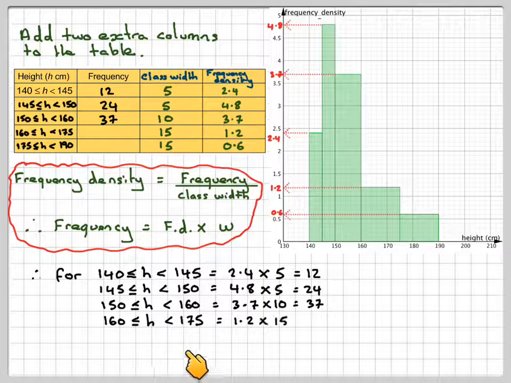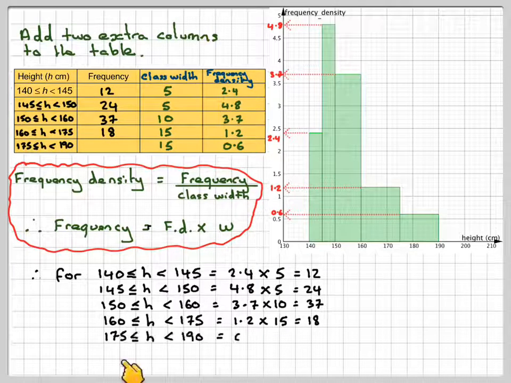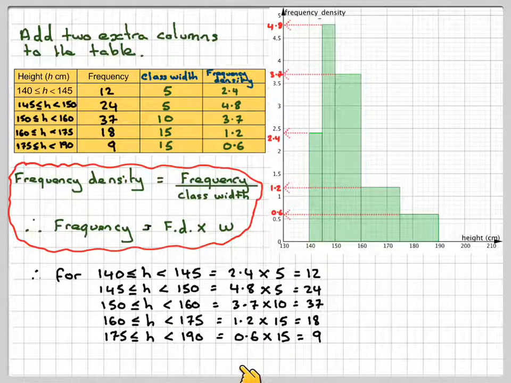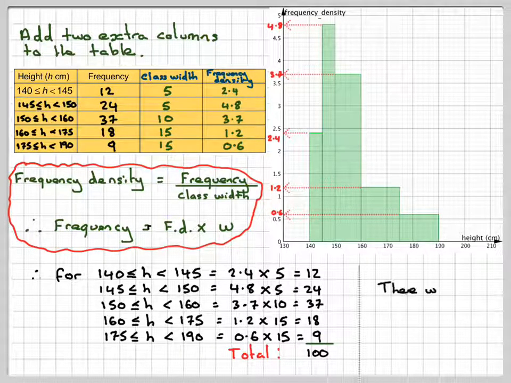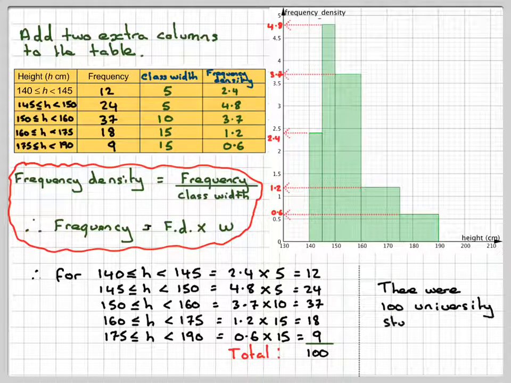From 160 to 175 we do 1.2 times 15, which is 18. So 175 to 190 we do 0.6 times 15, which is 9. Right, so the total, if we add this up, is 100, therefore there were 100 students.